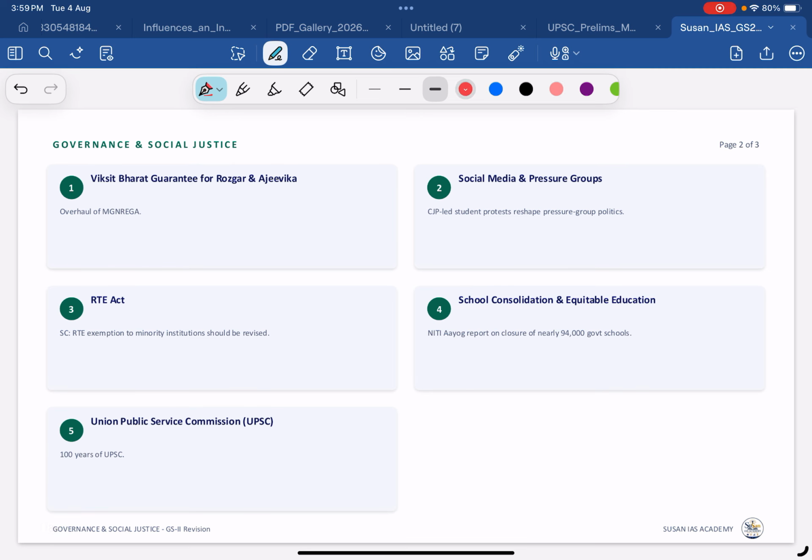Then the most important thing is the Viksit Bharat Guarantee for Rozgar and Ajeevika. The VB-G RAM G Bill has been passed recently. So we have to refer to this. Previously it was MGNREGA.